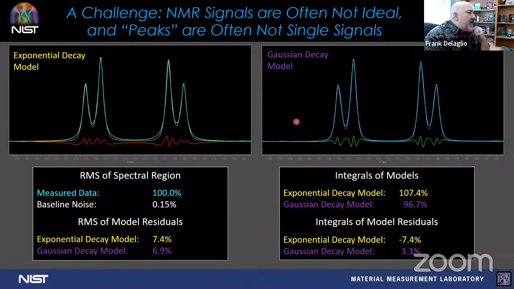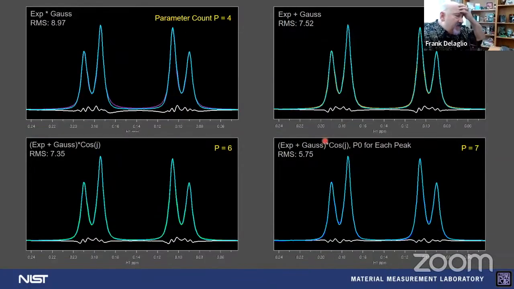Now, if we change the model to, say, a Gaussian decaying signal, we actually get a slight improvement in the agreement, but still a very substantial residual between the model and measured data. What that means is we need to use more elaborate models.